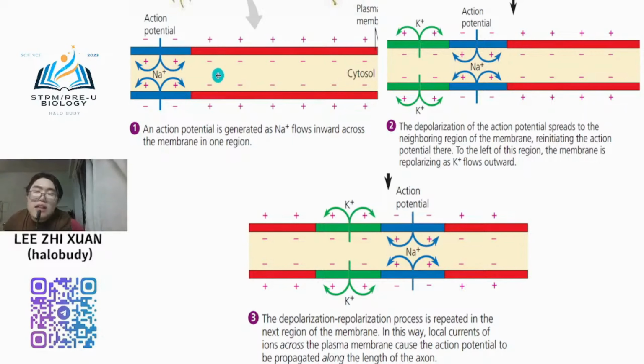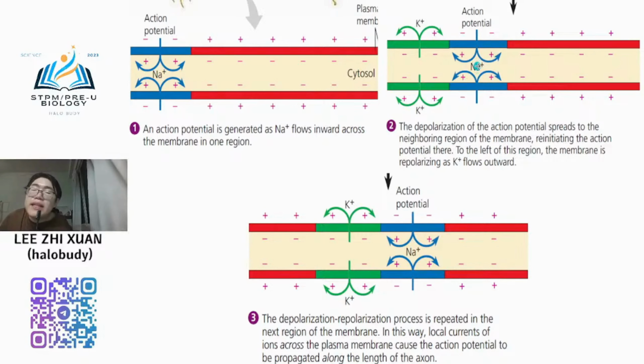It starts to trigger when the A region goes back to repolarization. When the A region goes to the repolarization state, then the B region will have the action potential.